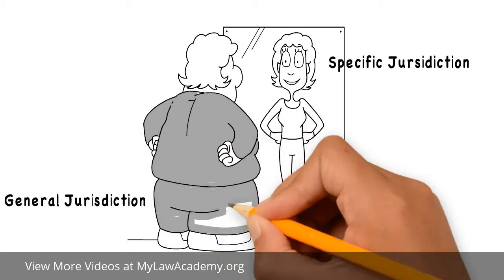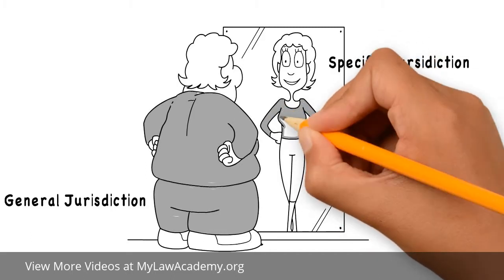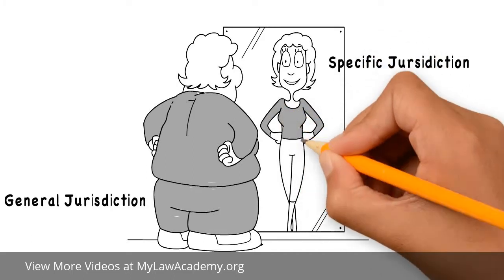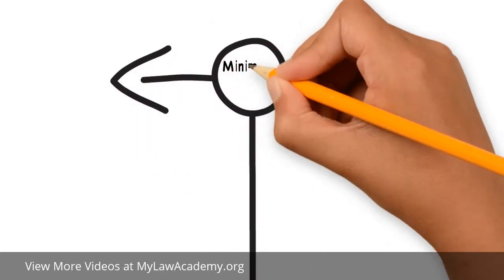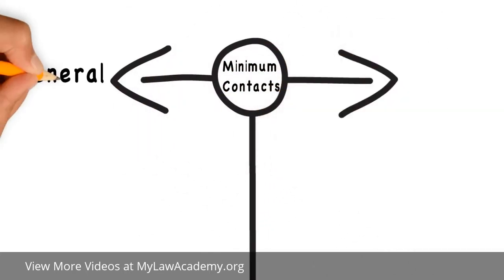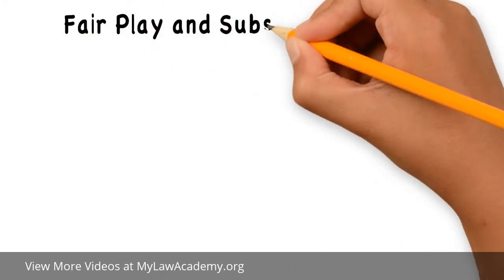However, the scope of a plaintiff's suit is a lot more narrow if the circumstances only allowed for specific jurisdiction, because the contacts are so irregular and so casual that we can really only bring you into this jurisdiction for the specific contact you made while in the forum state, for nothing else. So that's minimum contacts and how it relates to general versus specific jurisdiction.